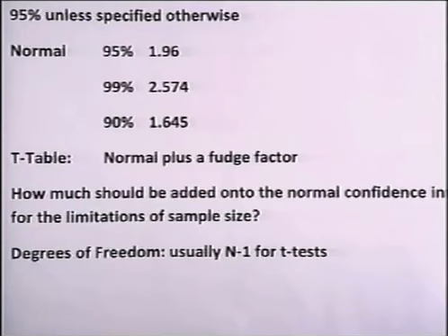So when we do t-tests, you look at the size of the sample. For example, if you have 25 items in your sample, you take n minus 1, or 24. That would be your degrees of freedom. You'd go to the 24 line in the t-table. I will go over this in detail when we do the t-distributions, but for right now, this is what you need to know about it.